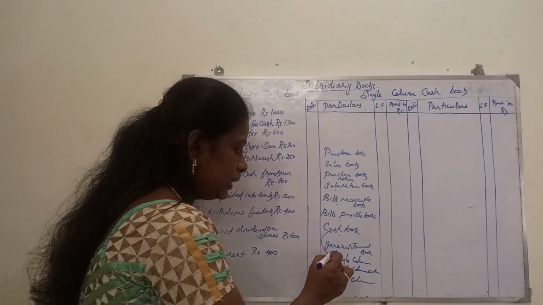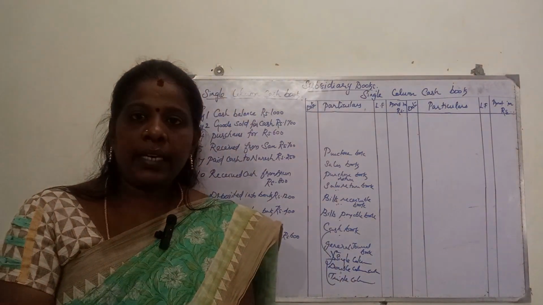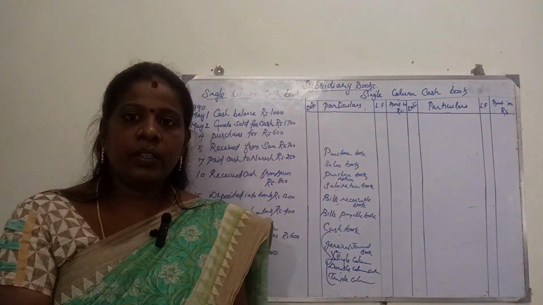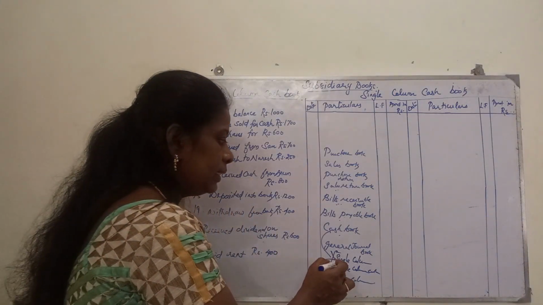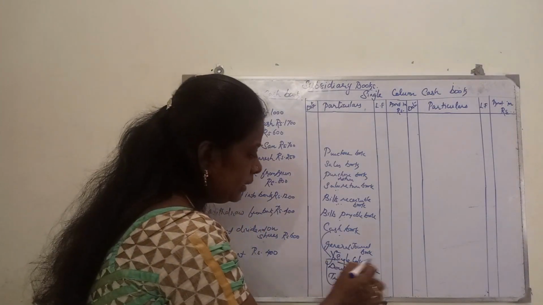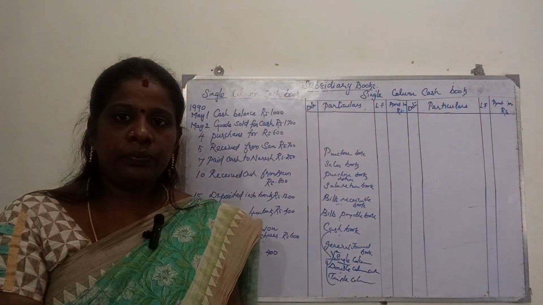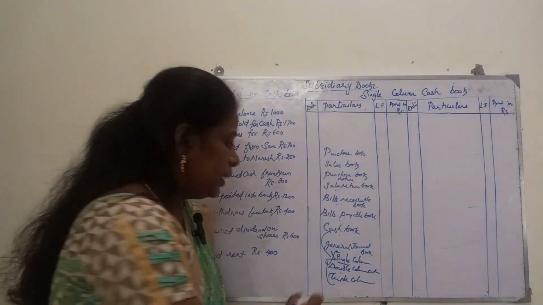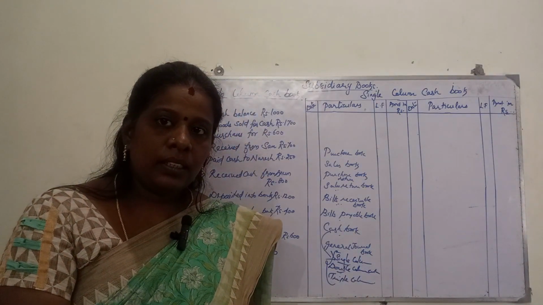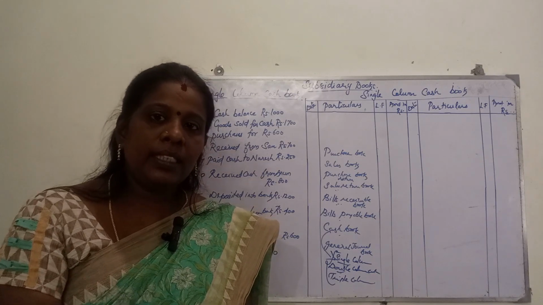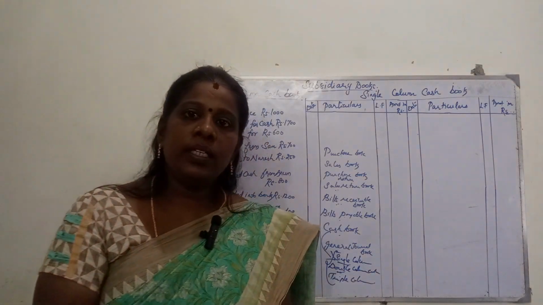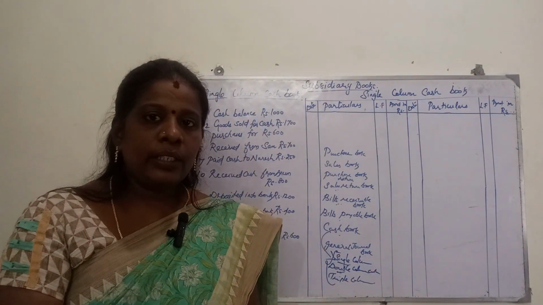So what are the differences between these three? All the transactions of cash dealings only enter in the single column cash book. Double column cash book means the cash transactions with discount. Discount may be given to our customers while selling the goods.